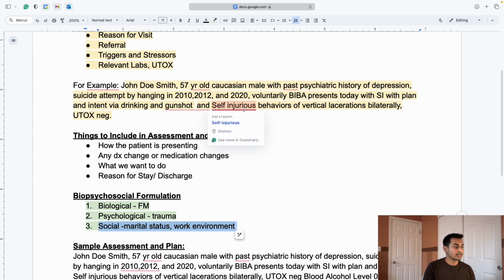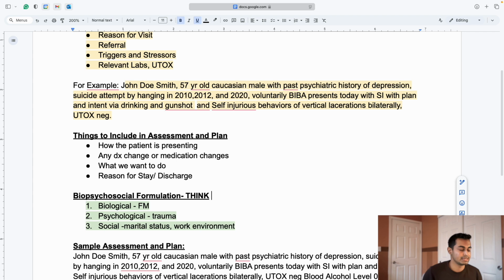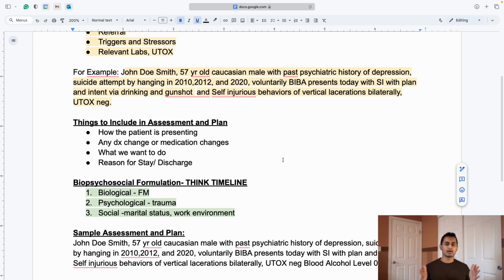Psychological history of trauma, and social history of marital status issues like divorce and work environment issues like stressful jobs. These things can be affecting the patient, and depending on what that biopsychosocial formulation looks like, it can change or make us think about different things that we need to do for the patient.